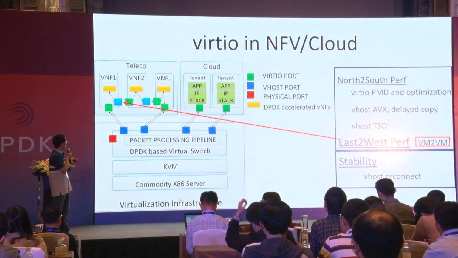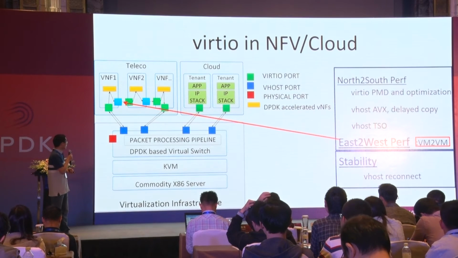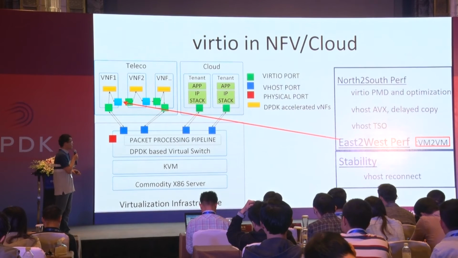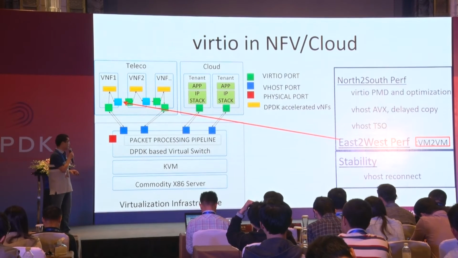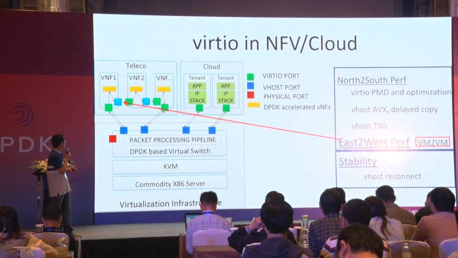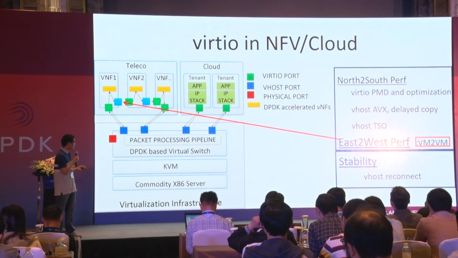For example, from virtual machine 1 to virtual machine 2, the packets from VM1 go through Vhost and then are sent to virtual machine 2. Vhost is not only doing packet processing, it is also doing packet I/O. So the virtual switch will become a centralized bottleneck.